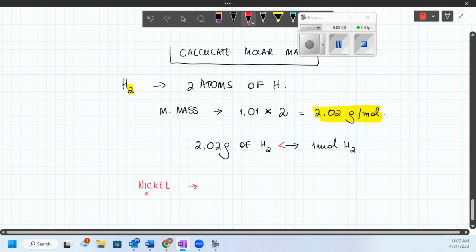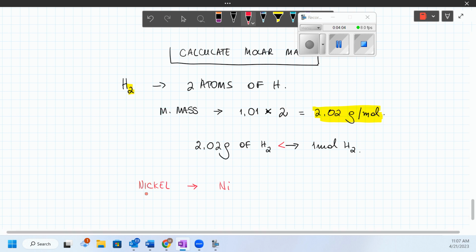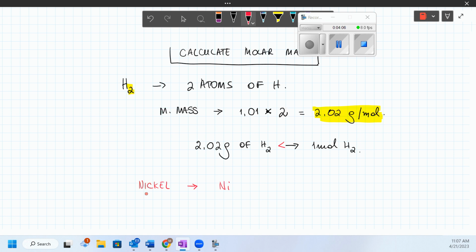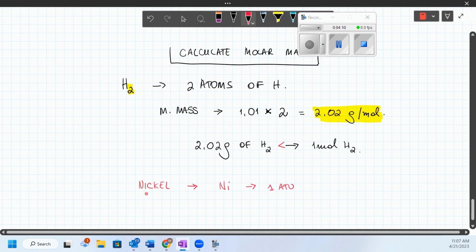The formula for nickel is just Ni. That means that we have 1 atom in this molecule. Okay, that means that we have 1 atom of nickel in this molecule.